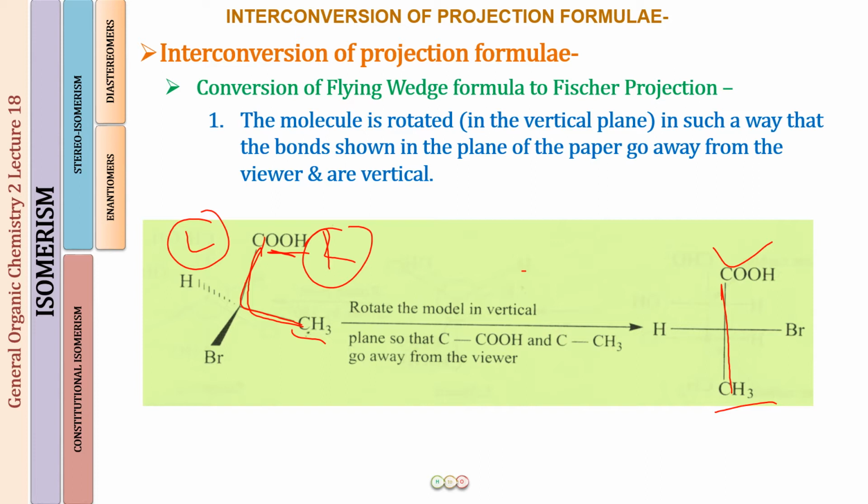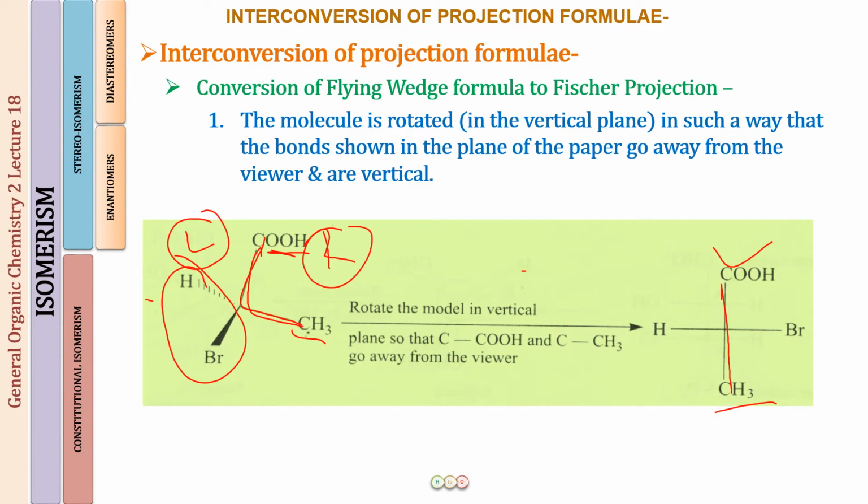Okay, and for that you have to rotate the molecule. Imagine how the things are moving. So the trick for that is that you see the groups in the flying wedge projection, where they are on the left side or on the right side. So for this molecule, they are on the left side.